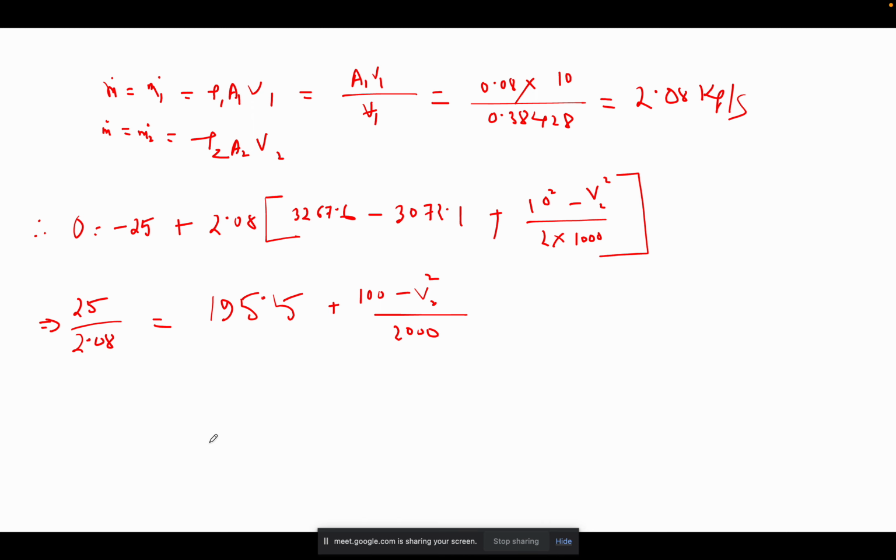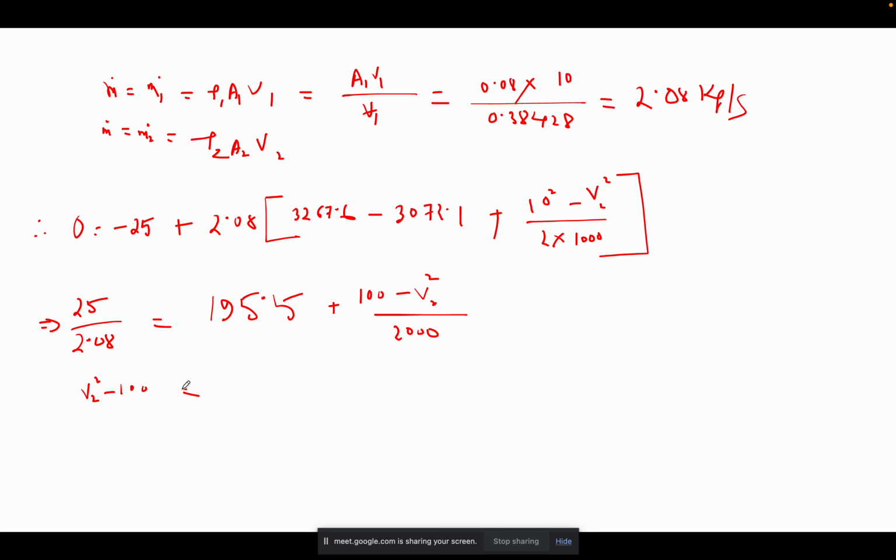So v2 squared minus 100 is 195.5 minus 25 by 2.08, into 2000.